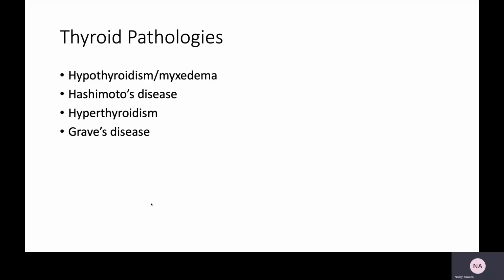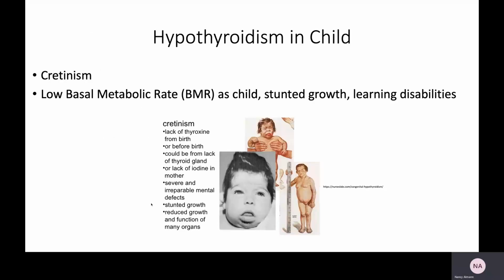Now, we got to talk about the pathologies associated with thyroid and either overproduction or underproduction of some of the hormones associated with the thyroid. So, hypothyroidism in a child is what's known as cretinism.